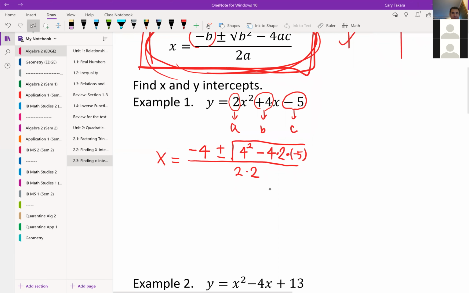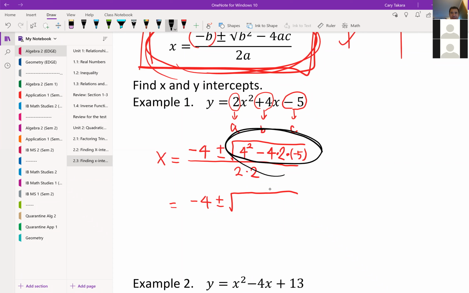Basically, 90% of the mistakes happen right here inside the square root sign. Now, if you have a calculator, all you have to do is just type it in and you should be able to get the right answer there.